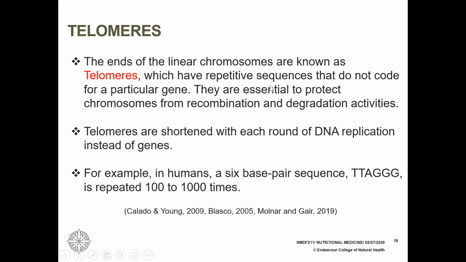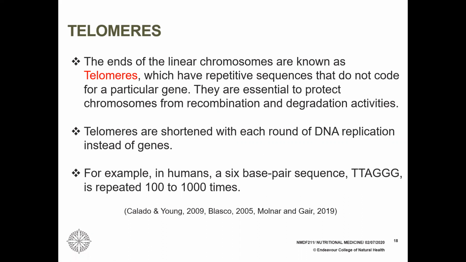So it's kind of an end of the chromosome. They have a repetitive sequence such as AATTCC. It is quite similar, but it does not code for anything. But it is essentially there to protect chromosome from degradation activities. However, every time a DNA replicates, telomeres are shortened. See, it's a quite complicated process when DNA are replicating.